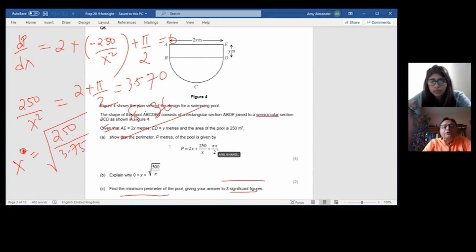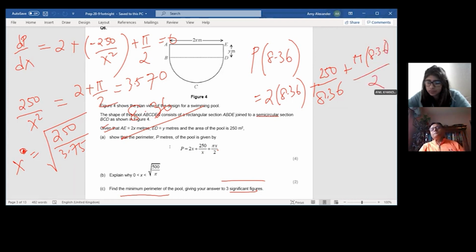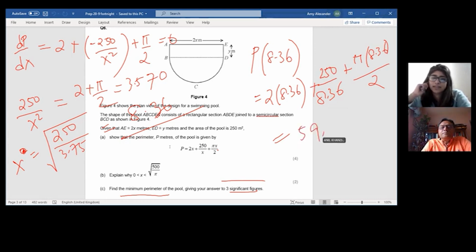So substitute 8.36 here: 2 times 8.36 plus 250 over 8.36 plus pi times 8.36 divided by 2. Calculate this: 59.75, so 59.8 to 3 significant figures.